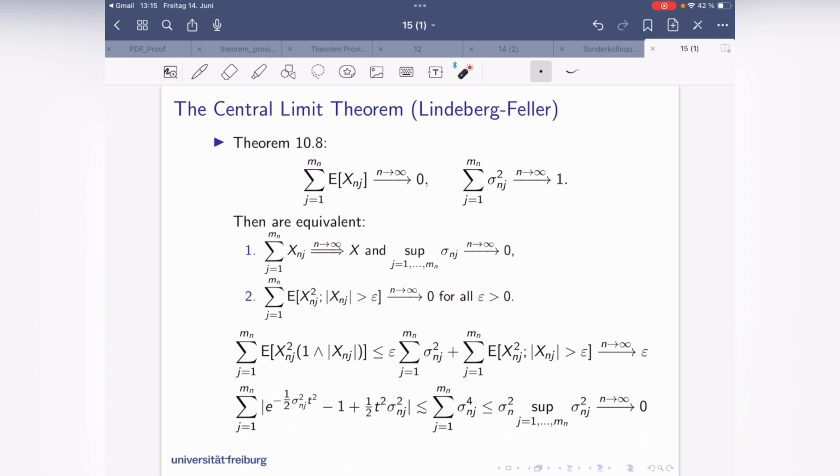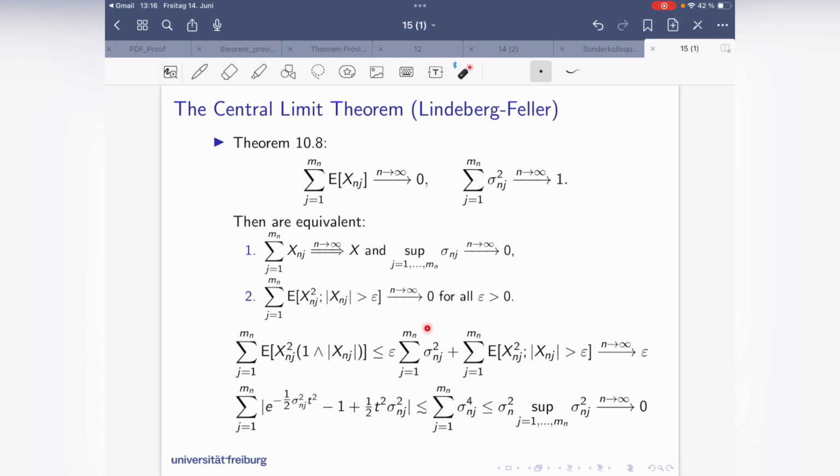And I have it here now. So I had this term here. How can I show that this converges to 0? I take some epsilon, and then I can again split this thing on the event that x nj is smaller than epsilon. I can bound this thing here by epsilon, which is this epsilon here, and it stays x nj square.